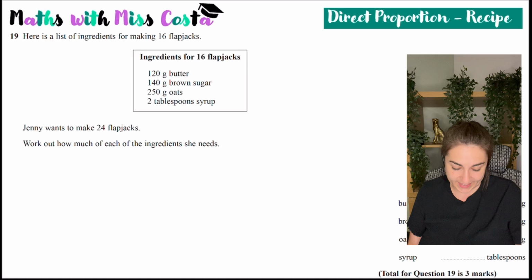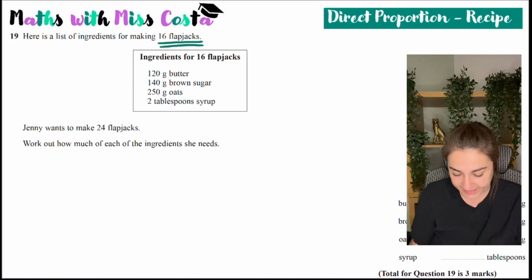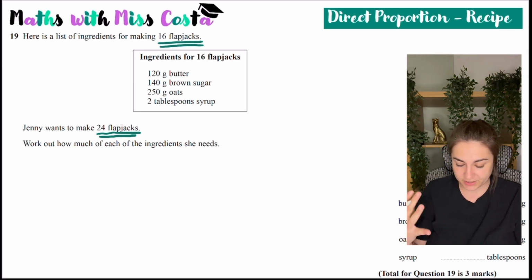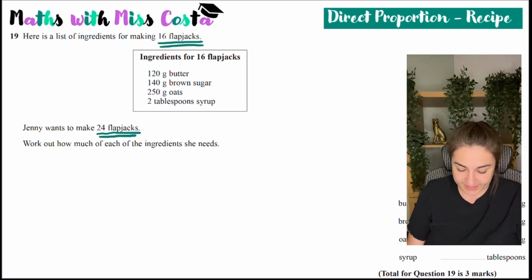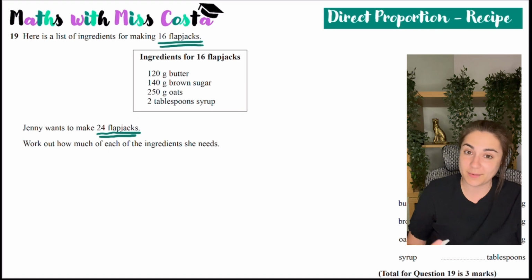Next, I'm told that here is a list of ingredients for making 16 flapjacks, and that Jenny wants to make 24 flapjacks. Work out how much of each ingredient she needs. So this is where it's really good to think about multiples. 16 and 24 are both in the 4 times tables, the 2 times tables, and the 8 times tables.